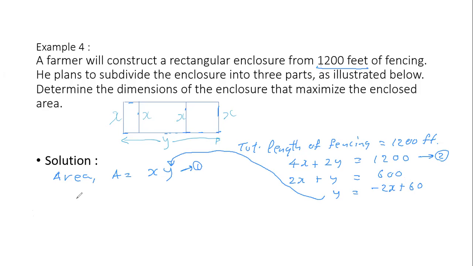We get A equal to x times negative 2x plus 600.